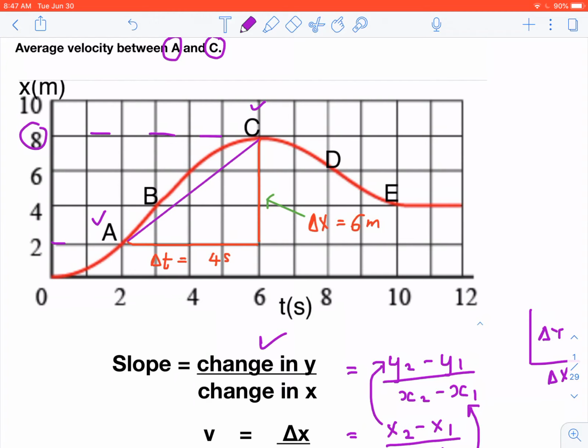Our change in x is 8 minus 2, which is 6, and our change in time is from here to there, which is 6 minus 2, and that's 4.